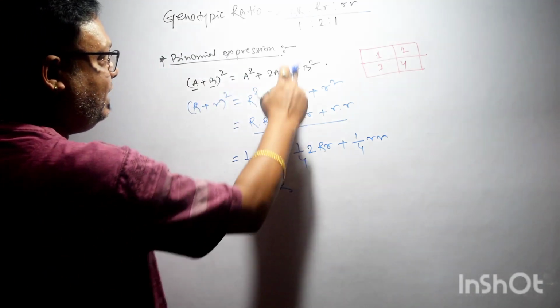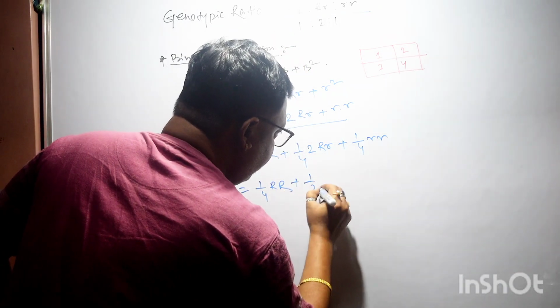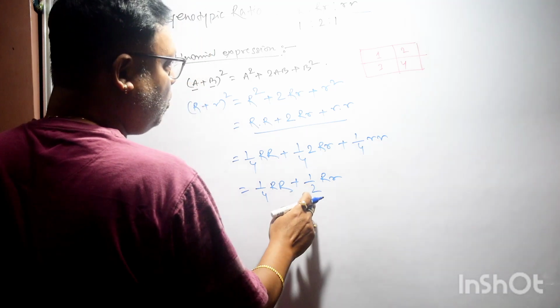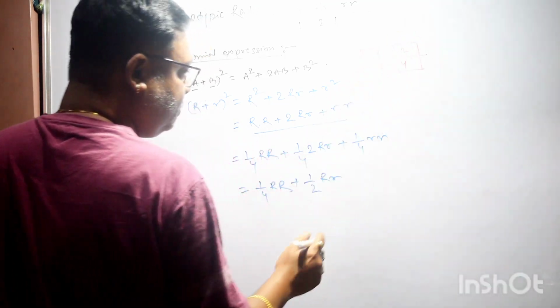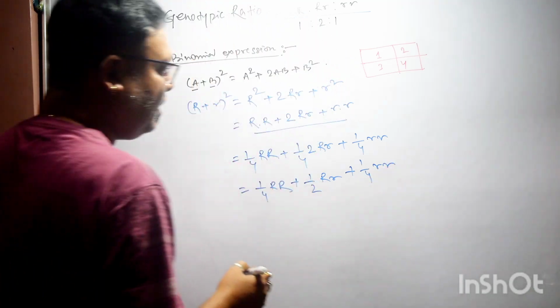Out of 4, 1 is capital R capital R, plus half capital R smaller r, out of 4, 2 will be capital R smaller r, and 1 by 4 smaller r smaller r.